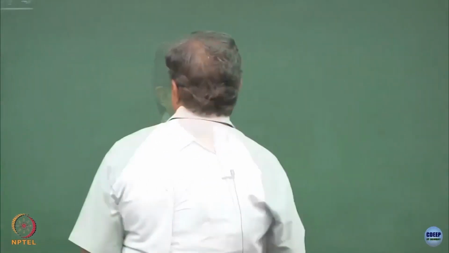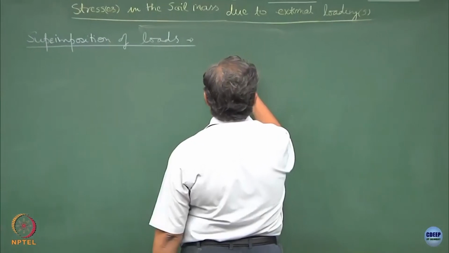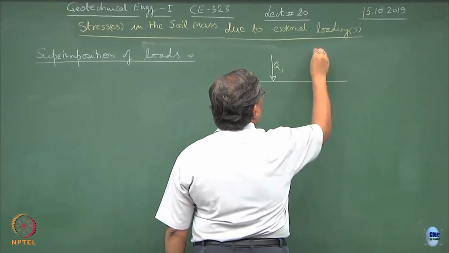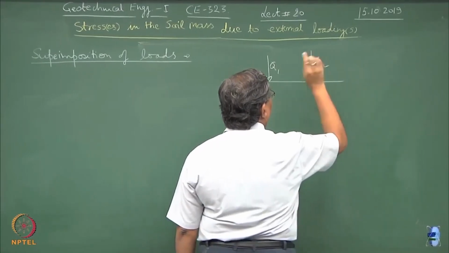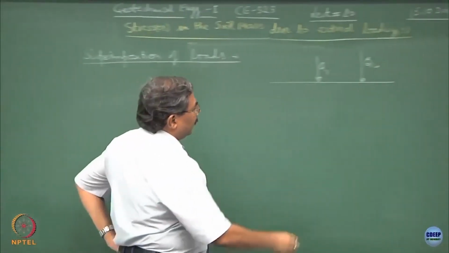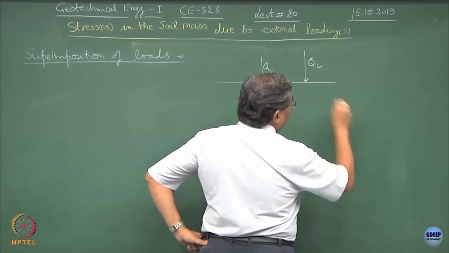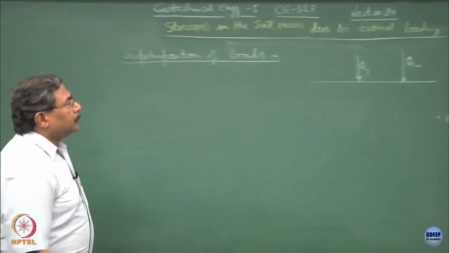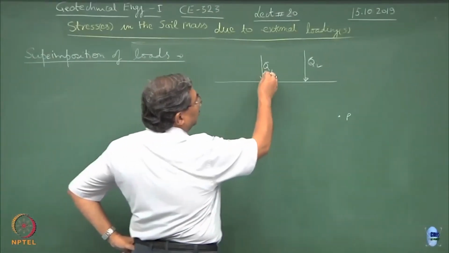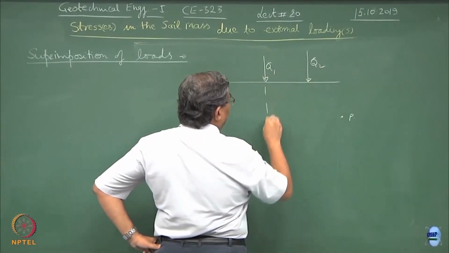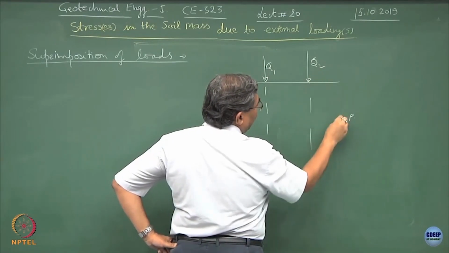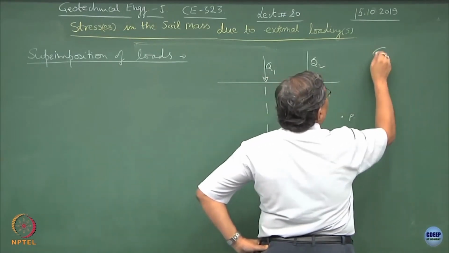Structural analysis. Suppose I start with the first situation, there is Q1 acting here and there is Q2 acting here, and find out what is the state of stress at any point, let us say somewhere here. The best way of doing this would be you assume them independently, find out the state of stress corresponding to Q1 first at this point, Q2 at this point, and sum them up.